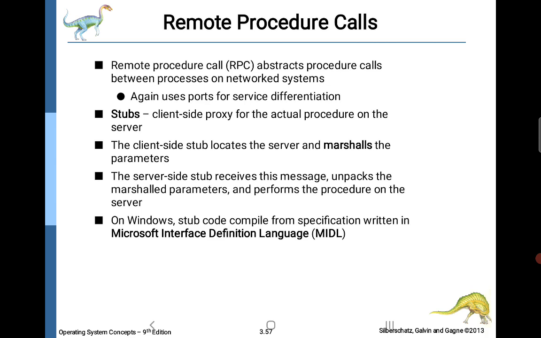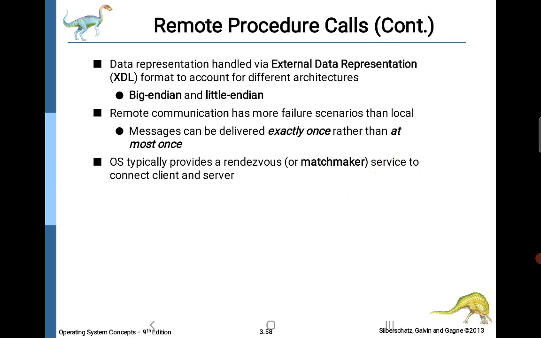On Windows, the stub code compiles from Microsoft Interface Definition Language. This is a language that Microsoft created for this purpose. You might ask, this looks simple. What might go wrong?